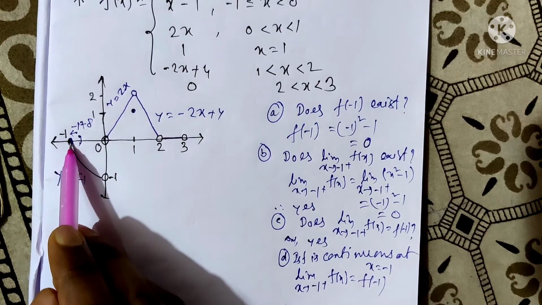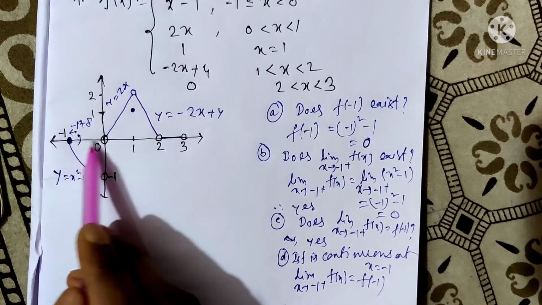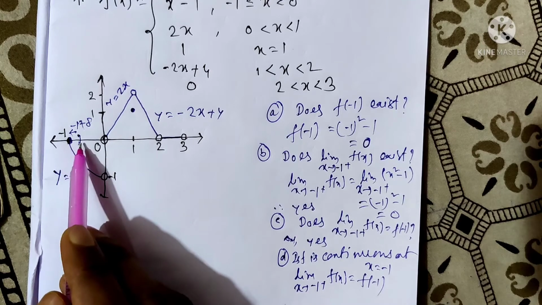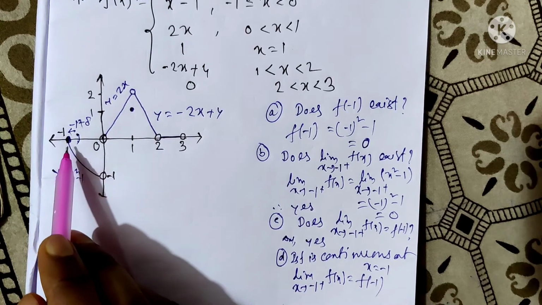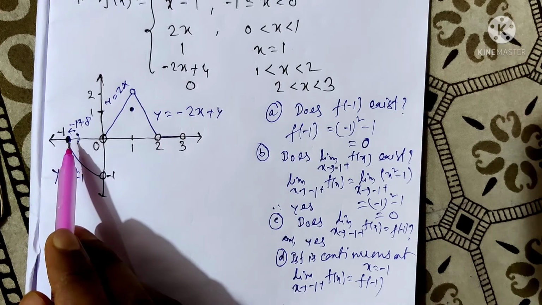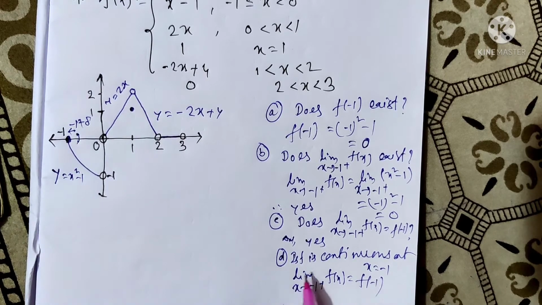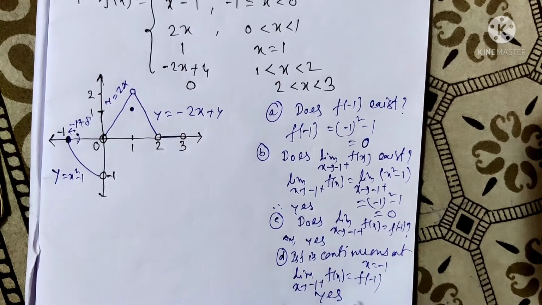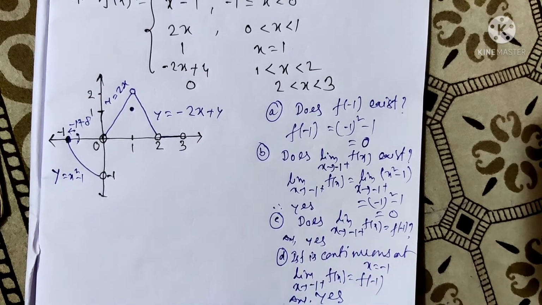The function is defined on the right side of minus 1, so only the right limit exists, because at minus 1 only a one-sided limit is needed. Therefore the function is continuous. The answer is yes.